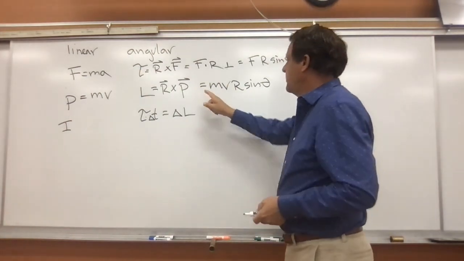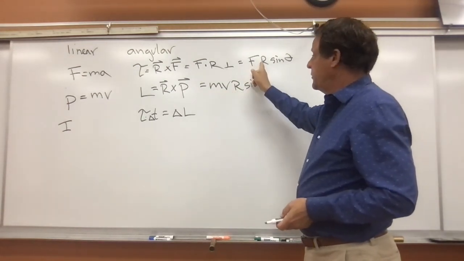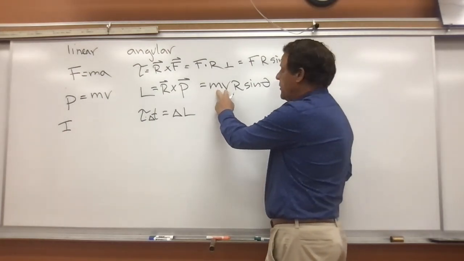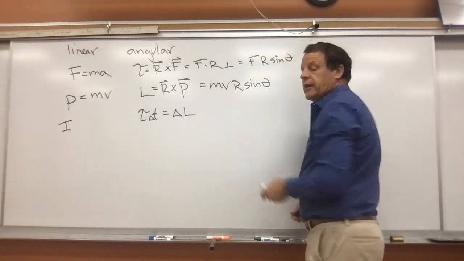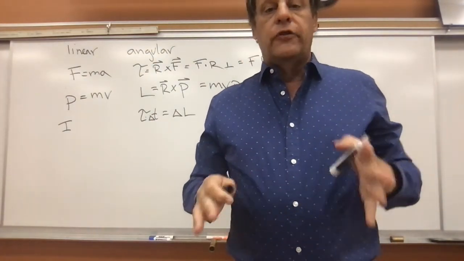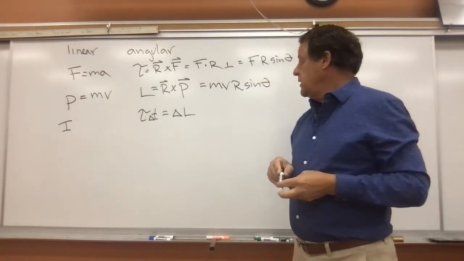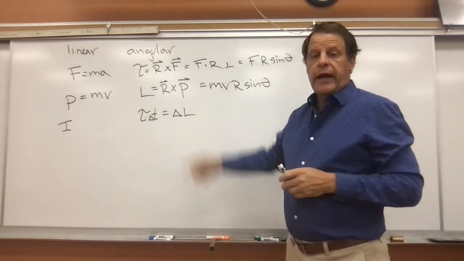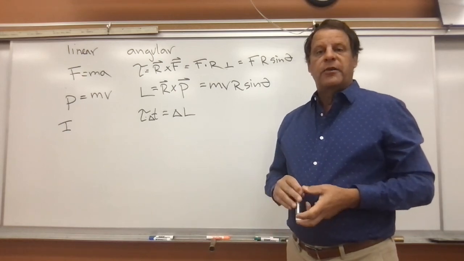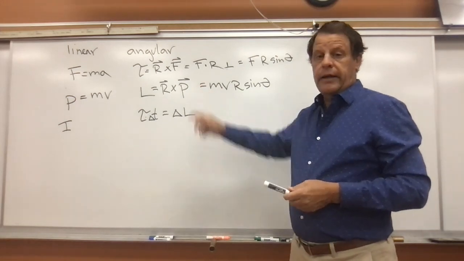This can get complicated, but we can also just summarize it down in a similar way here. We're going to have mv, which is our momentum, times our radius, times the sine of the angle, or just that perpendicular component. There are a lot of relationships here, but again, the direction of our angular momentum is going to be perpendicular to our plane.